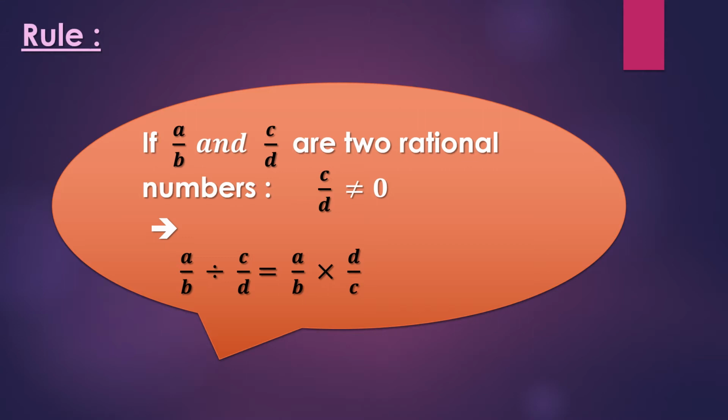So, A over B divided by C over D will equal A over B times the multiplicative inverse of the rational number after the division sign. So we convert the division operation to a multiplication operation.